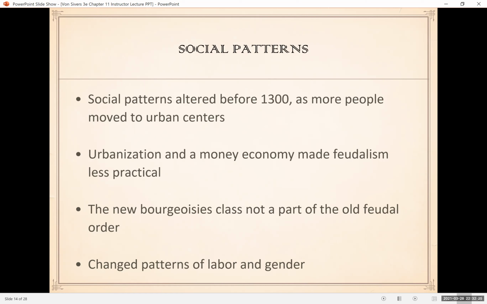But people moving to the city, we see changes in labor. The men were very much working in crafts with the creation of the guild system.